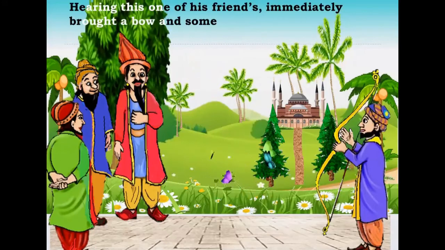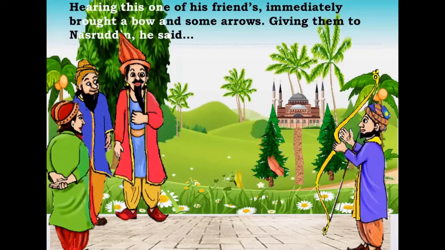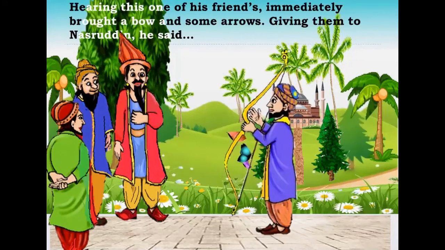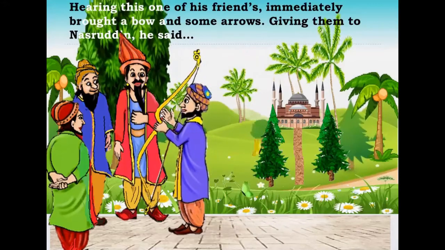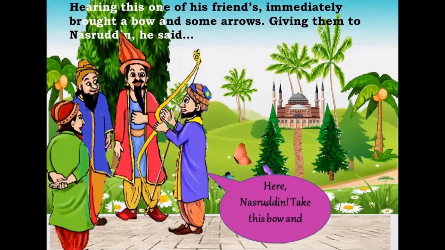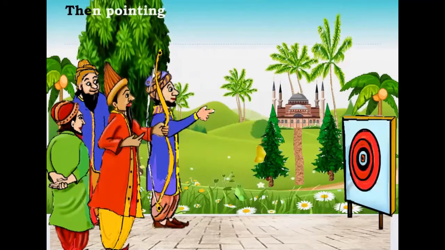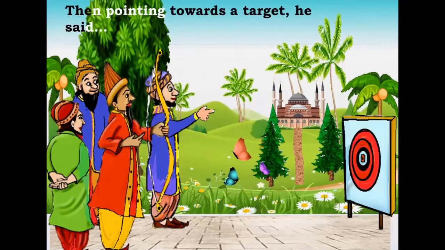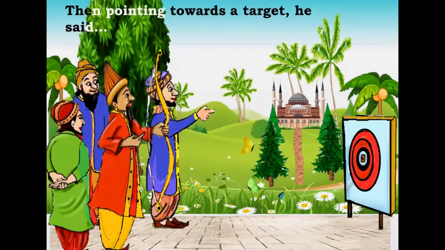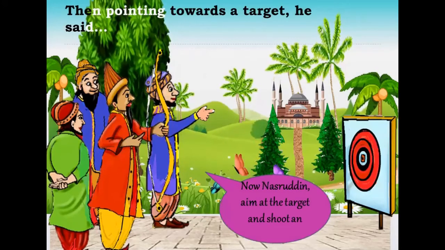Hearing this, one of his friends immediately brought a bow and some arrows. Giving them to Nasruddin, he said, "Here, Nasruddin, take this bow and arrows." Then pointing towards a target, he said, "Now Nasruddin, aim at the target and shoot an arrow."